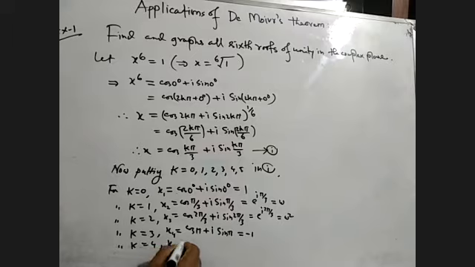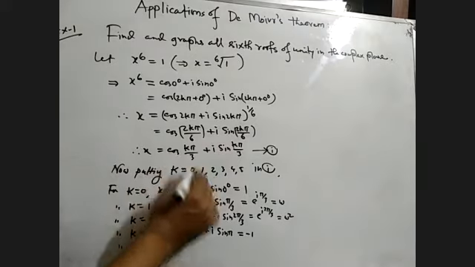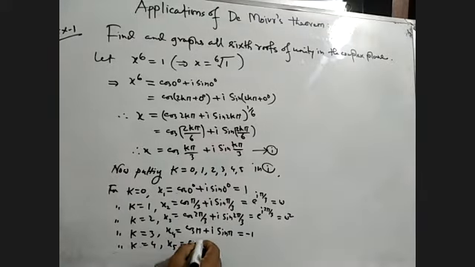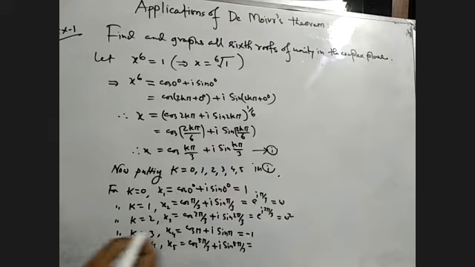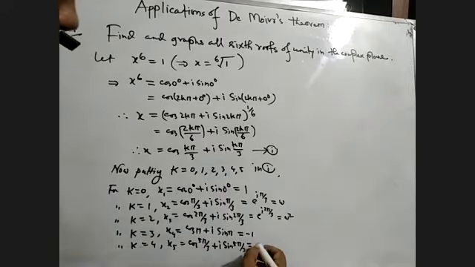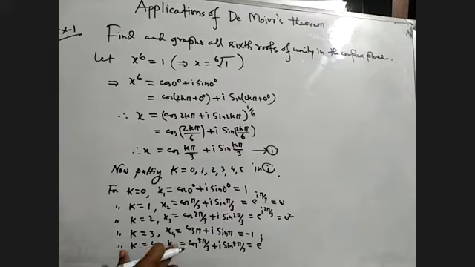x5 will be what? k equals 5. Cos 5 pi by 3 plus i sin 5 pi by 3. This equals to what will be? e to the power i 4 pi by 3.